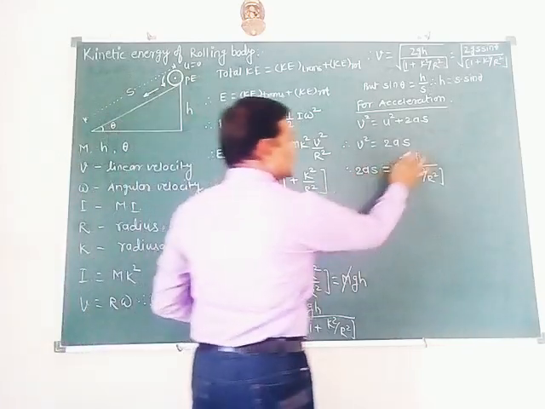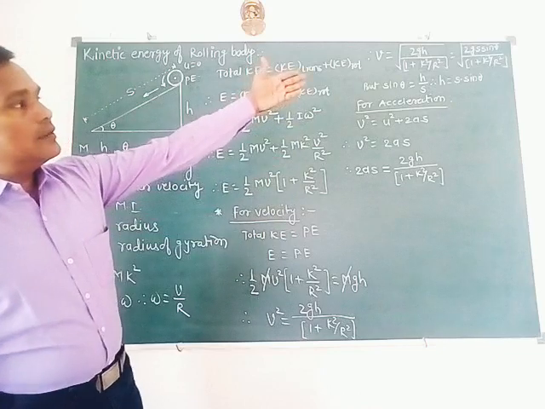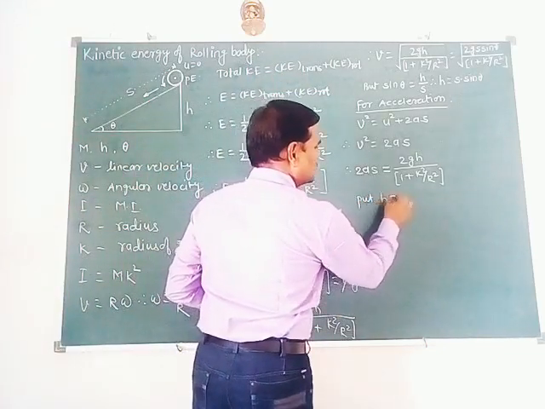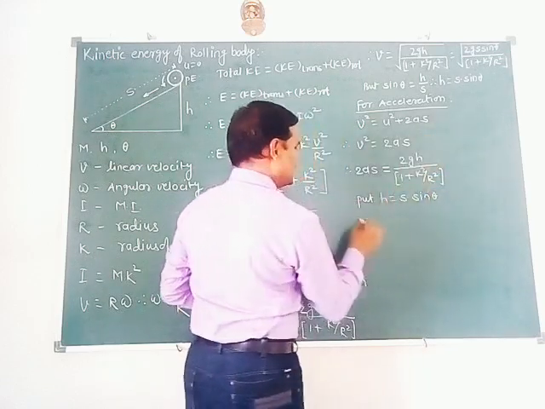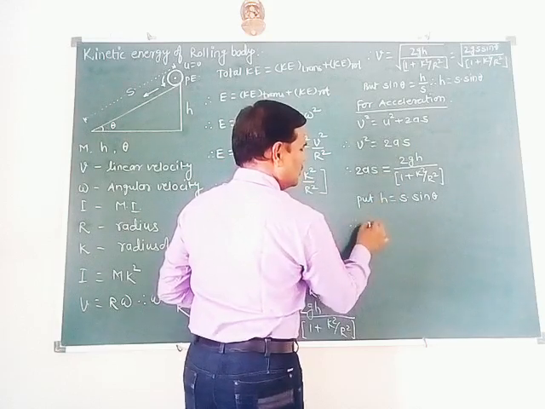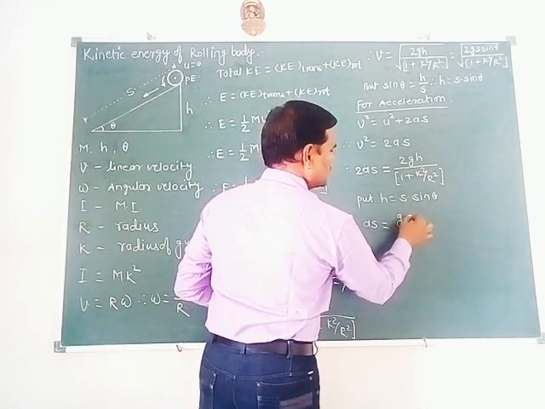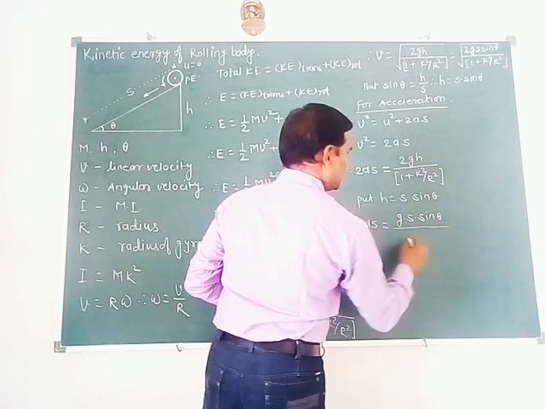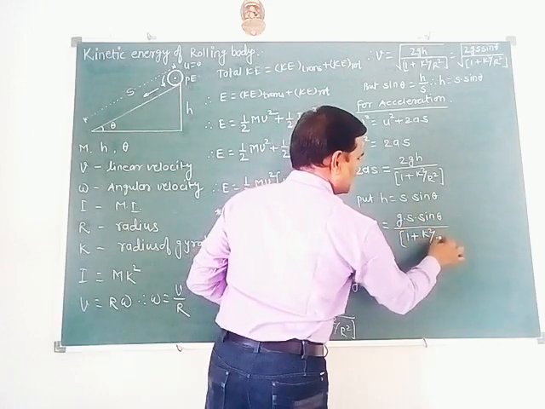So here 2 gets cancelled, but again h equal to s into sine of theta, put h equal to s into sine of theta. So finally we can write this as, 2 gets cancelled now, a into s equal to g into s into sine of theta divided by 1 plus k square by r square.